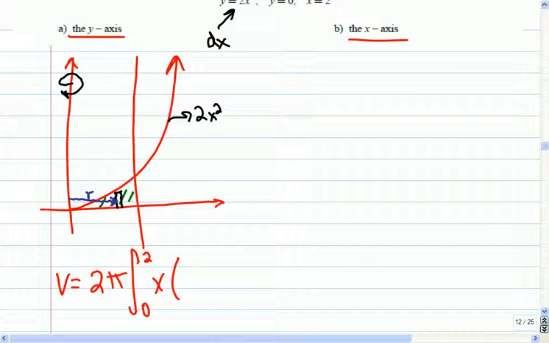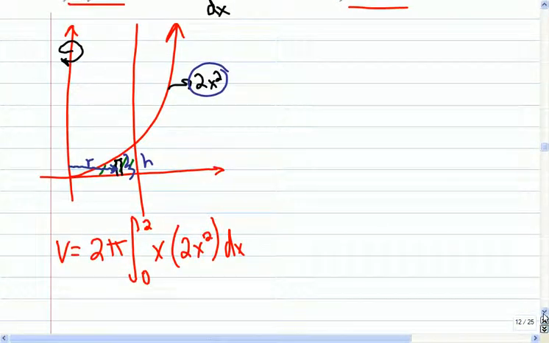And the height is this one here. That's my height, and I know it's 2x squared if you give me the value for x. So this is going to be 2x squared for my radius and height function. If we just wanted to set this up, then maybe we'd do one more step here. So 2 pi from 0 to 2 of 2x cubed.